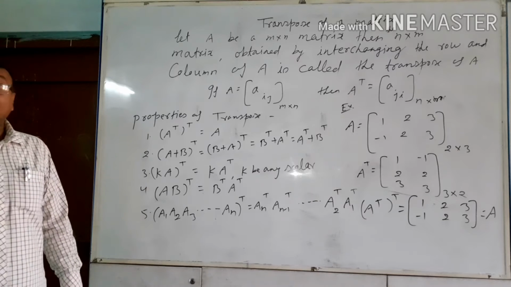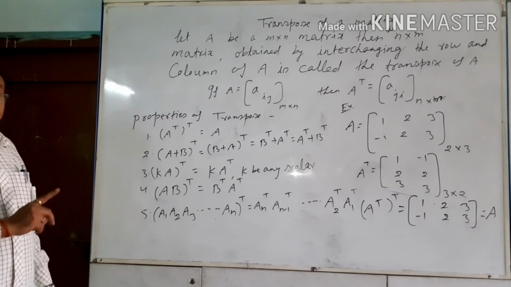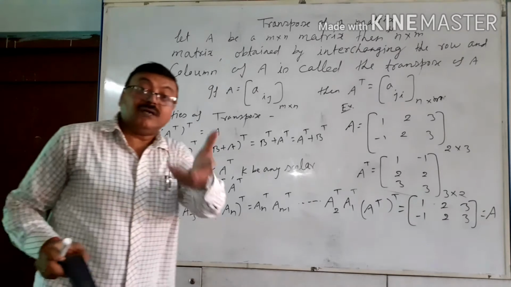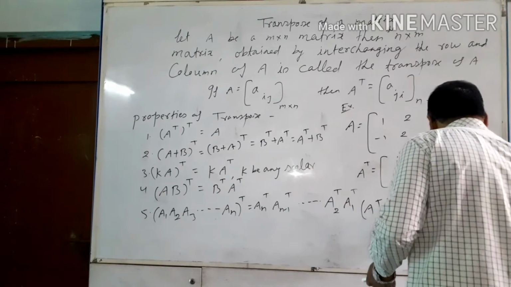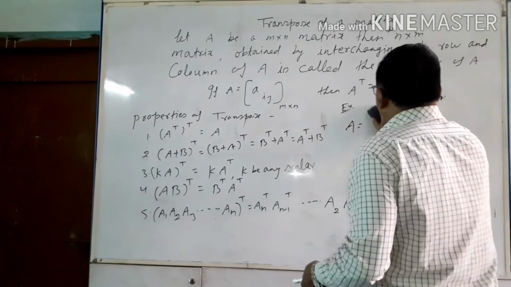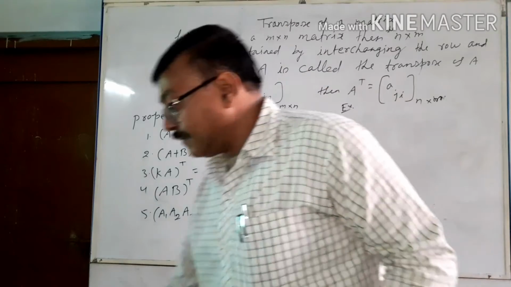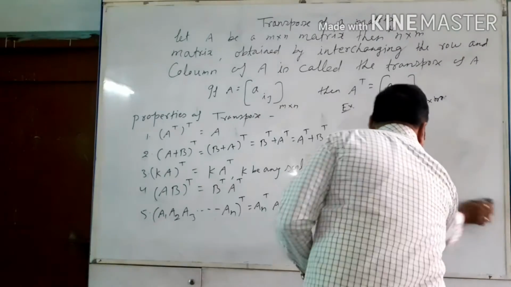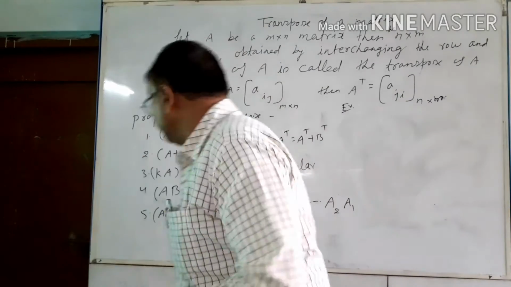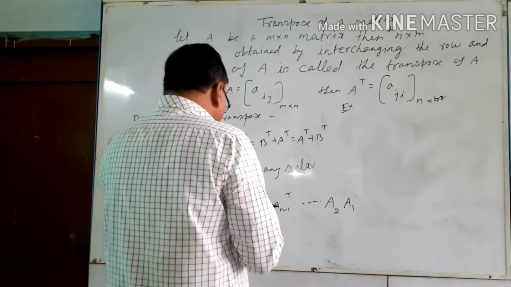Now the fourth property, the (AB) transpose. In multiplication, if A and B are two matrices, then (AB) transpose equal to B transpose into A transpose. I want to bring an example here.